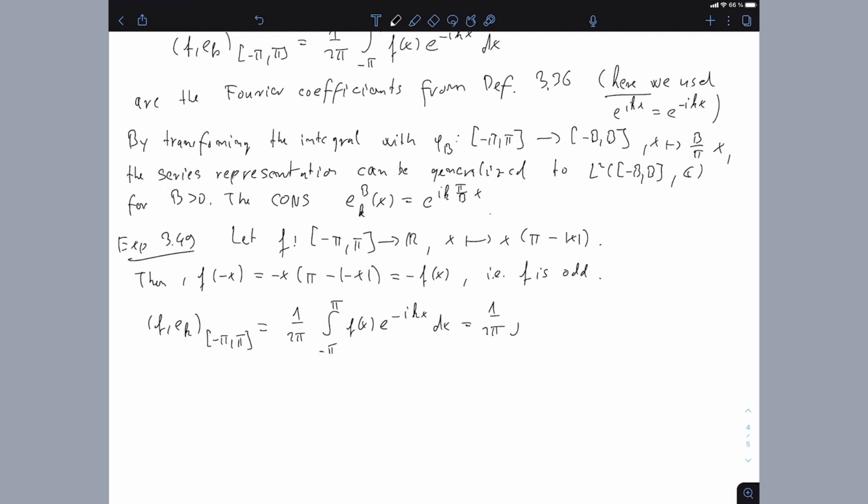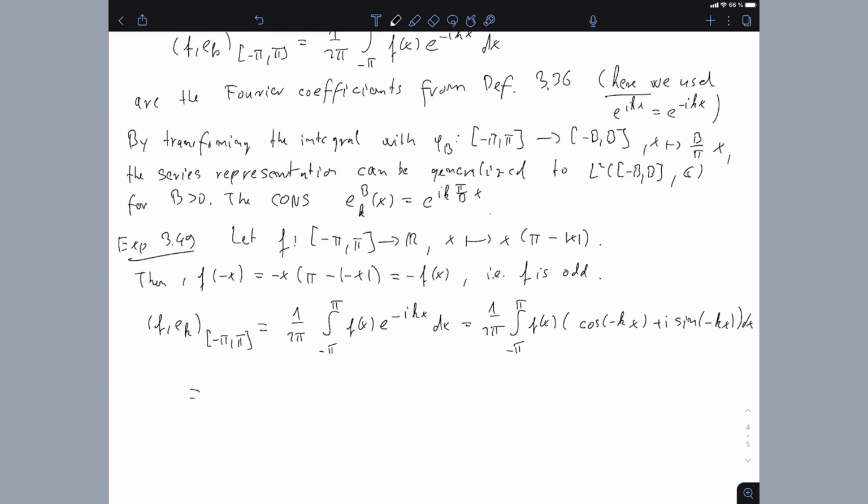Now we use the usual Euler formula that we always use to compute this kind of integral. Then we can just integrate real and imaginary parts separately.